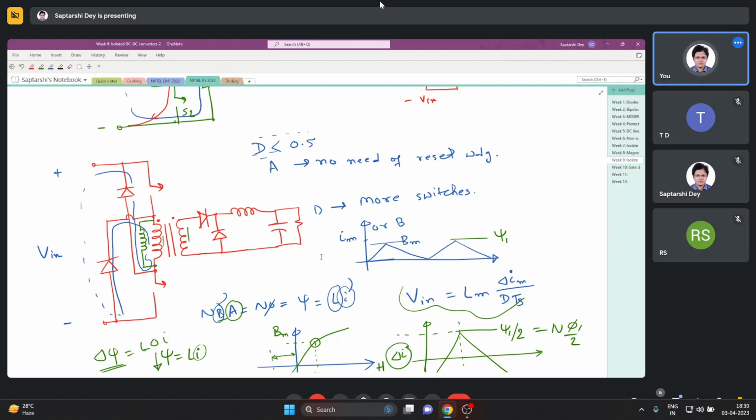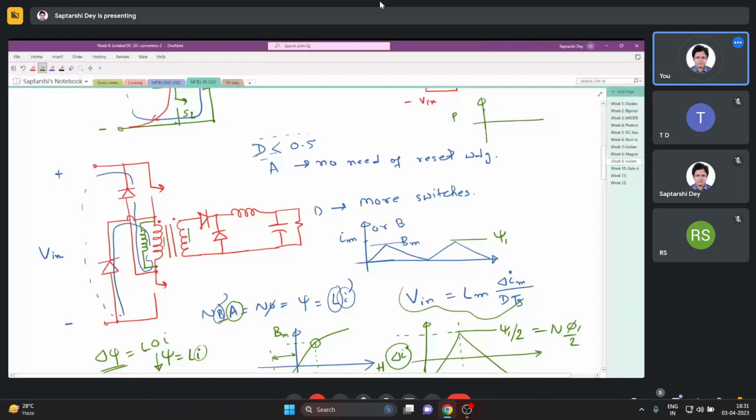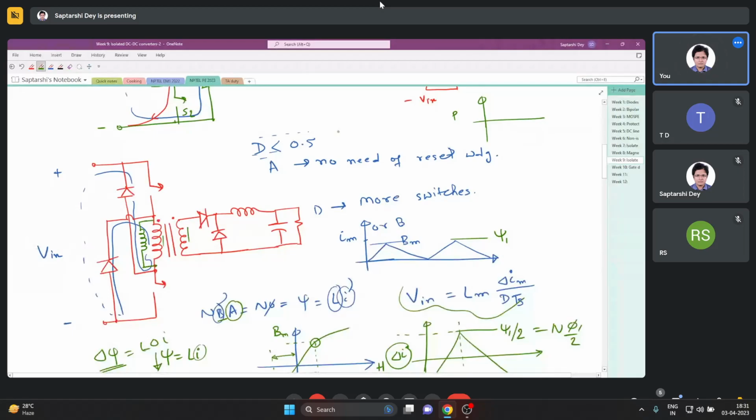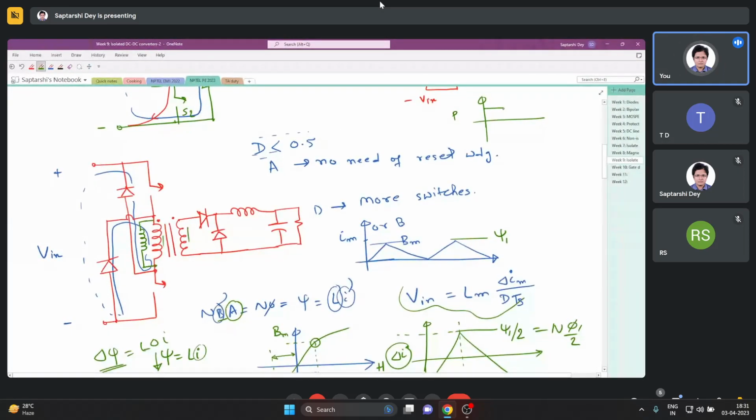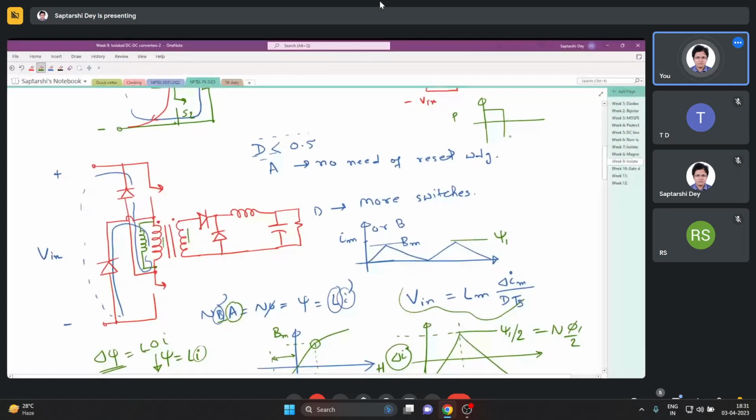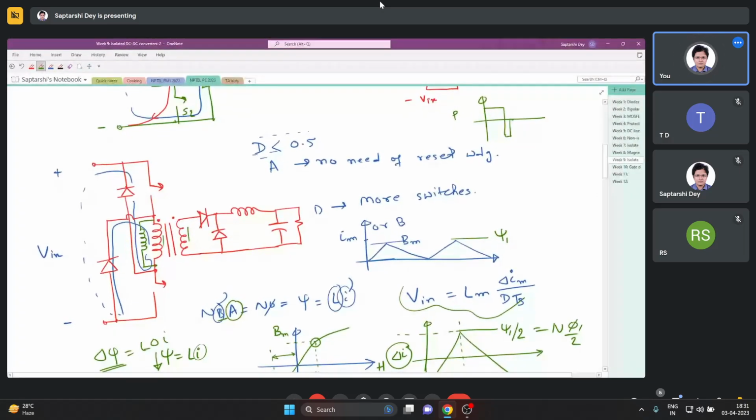Everything is fine, but the problem is, you see, when the switch is closed, the supply voltage supplies some power, and when the switch is opened, some of the stored energy is fed back to it.